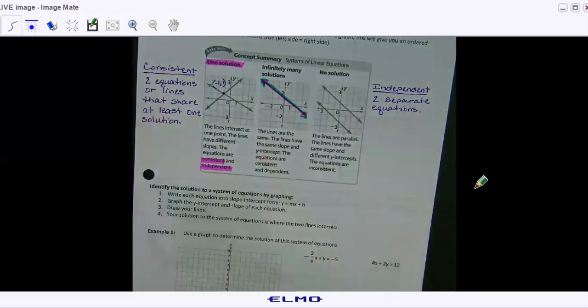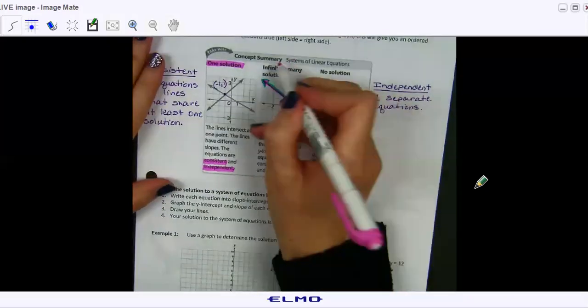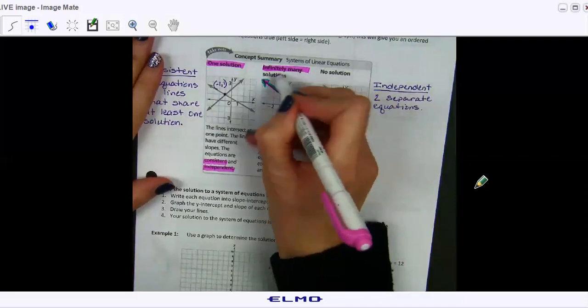If you have one line overlapping another line, all of their solutions are going to be the same, because every ordered pair you come across on that line is going to be the same for both equations. Okay, so that means they have infinitely many solutions.